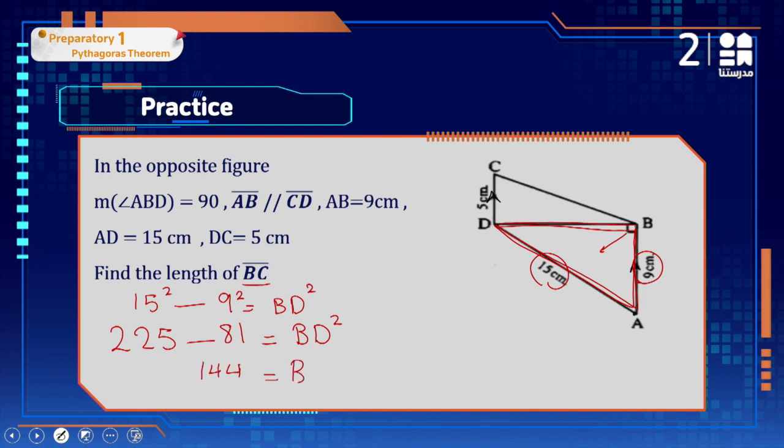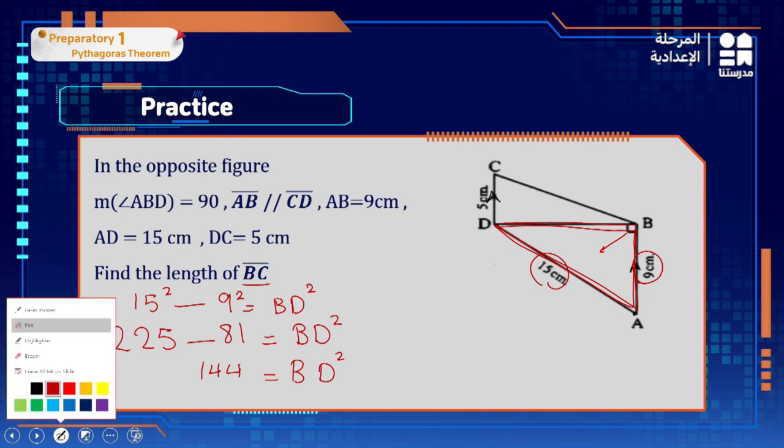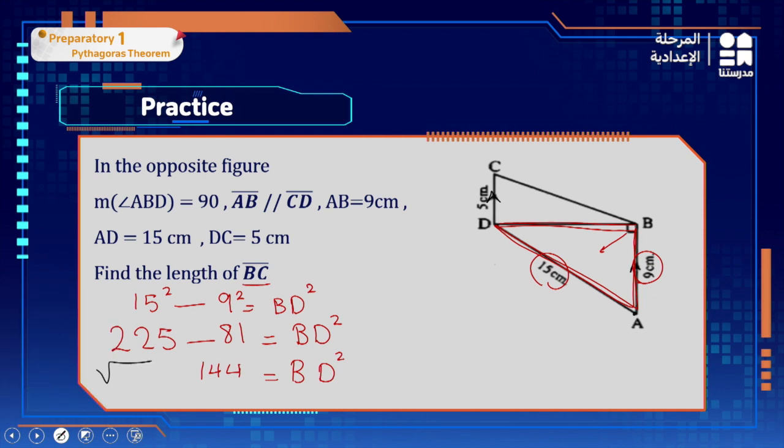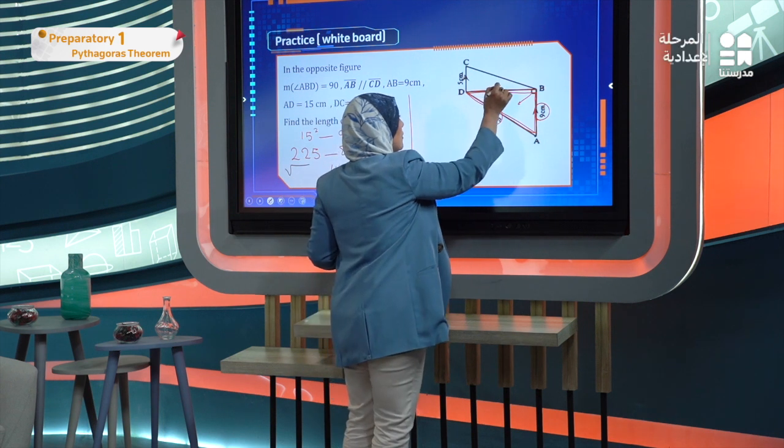That's all about BD squared. How can we find BD right now? So we are going to take the square root for both sides. So BD equals the square root of 144, which is 12. Okay. We find BD equals 12.